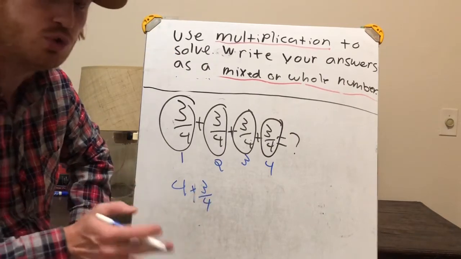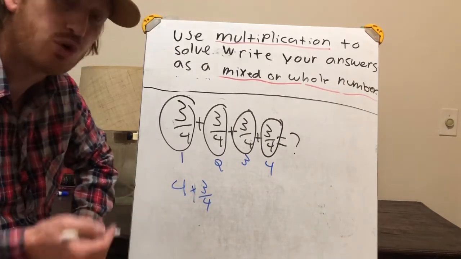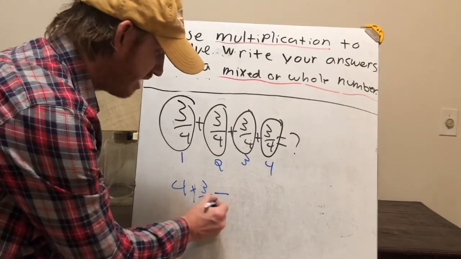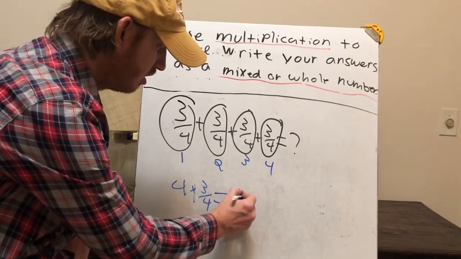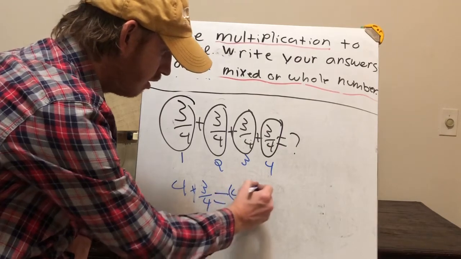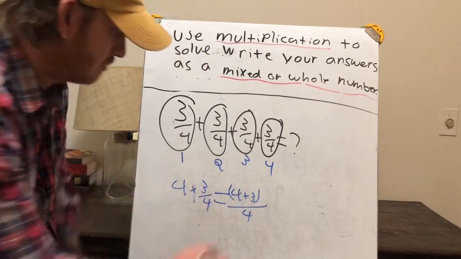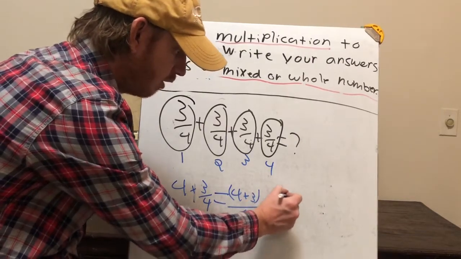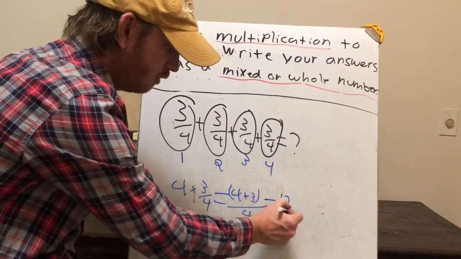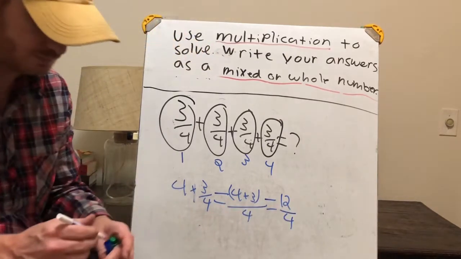But now I'm going to use what we just did. I'm going to use the associative property to change that into 4 times 3 over 4. And 4 times 3 is 12, and the 4 comes over, so it's 12 over 4.